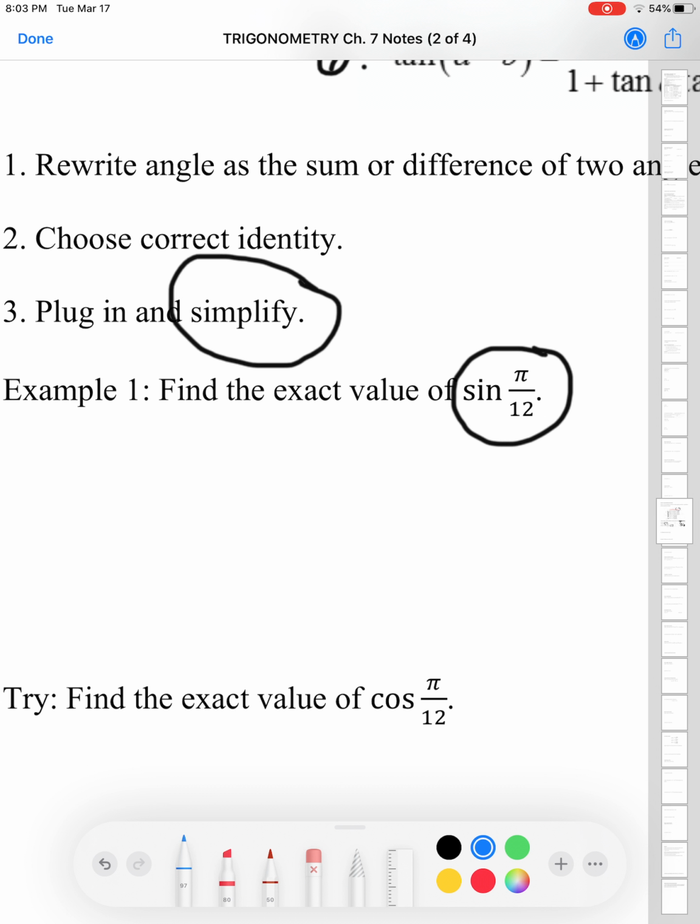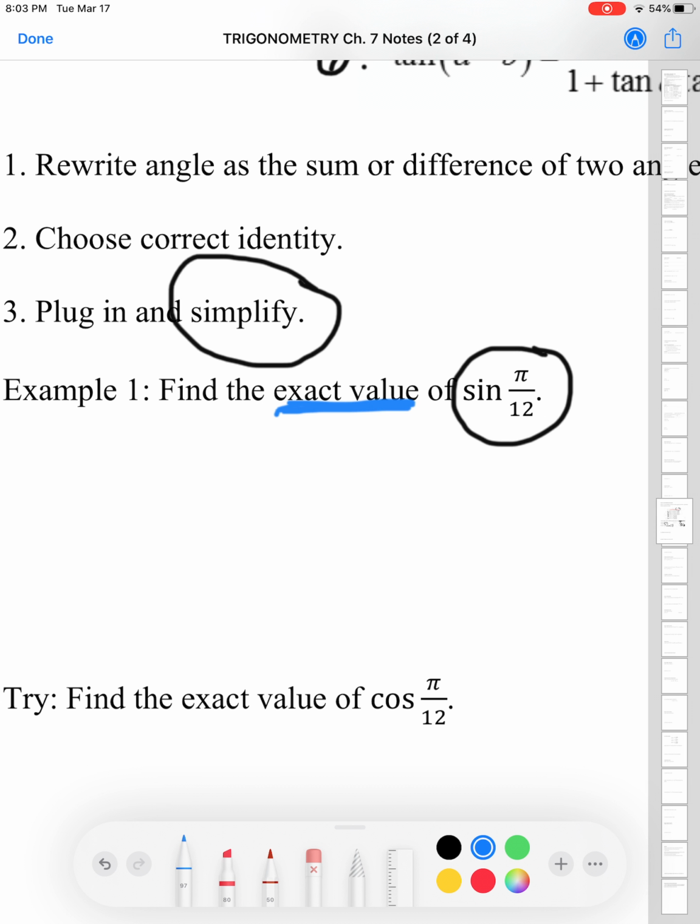If we entered it onto our calculator, it would give us a nasty decimal. We can't use a calculator because it's asking for an exact value. However, when you are done, I'm going to encourage you to check on your calculator. It's a good thing to have your calculators out, checking at the end.